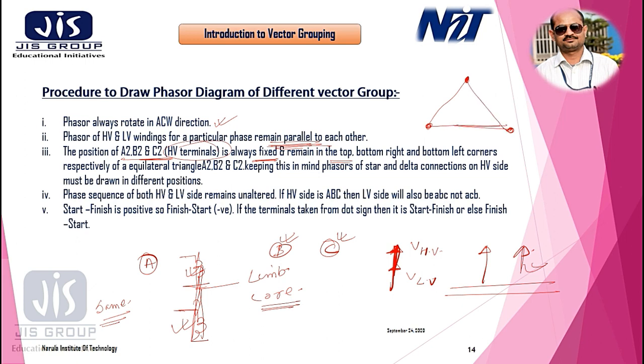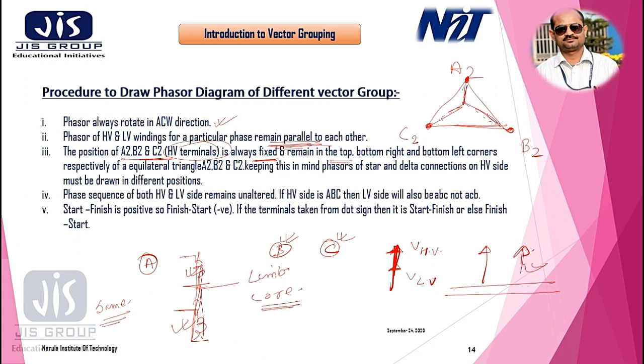This position will not change. So this is A2, on the right B2, and on the left it is C2. So this is my delta's equivalent star.